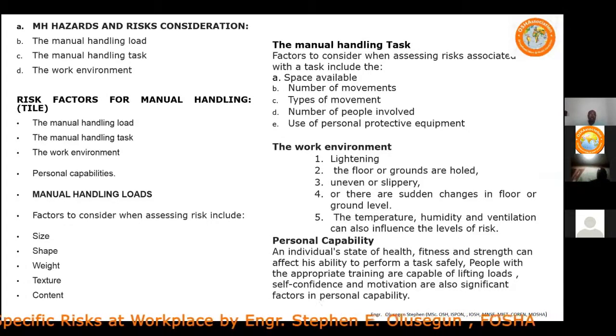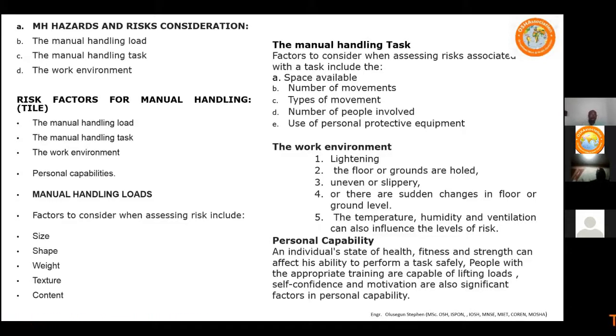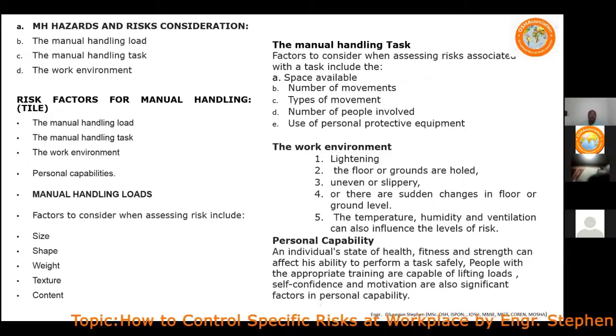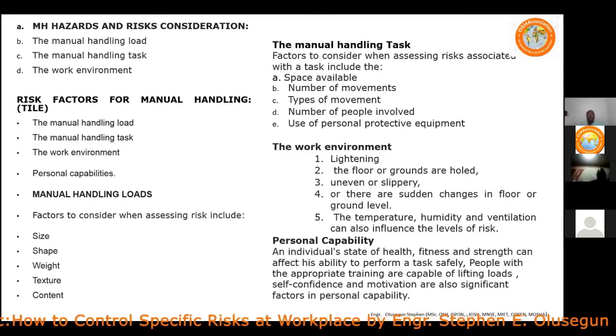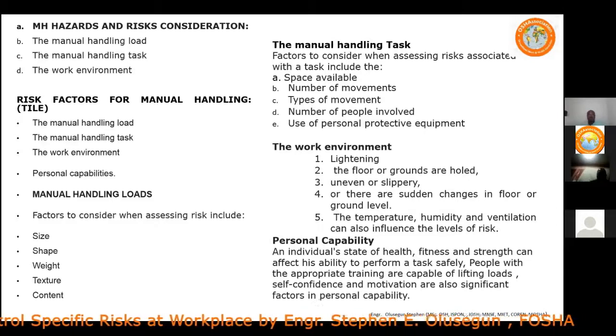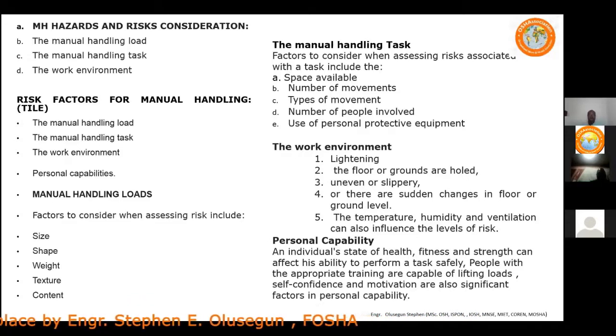Just call it TILE. TILE means you talk about the manual handling load, the task itself, the task you are carrying out, then the environment, which is E, and the personal capability, the individual, which is I. So the manual handling load itself, factors to consider when assessing the risk include the size of the load, the shape of the load, the weight of the load, the texture of the load, and the content of the load.